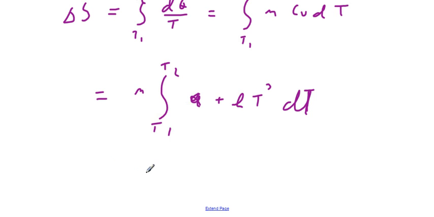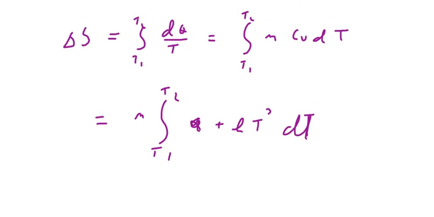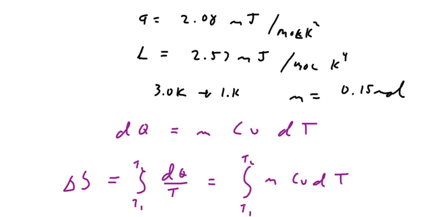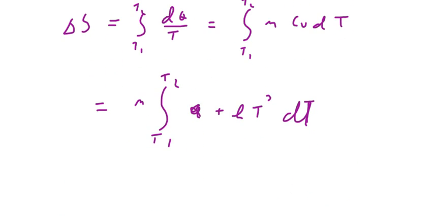And then something isn't right. All right, this is T squared.